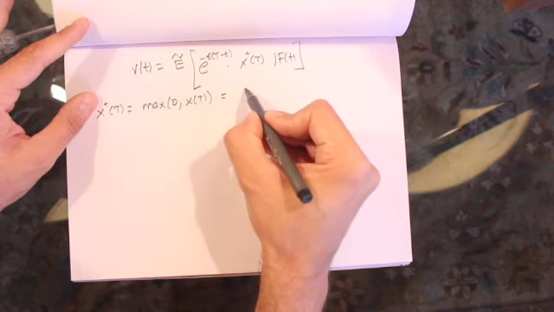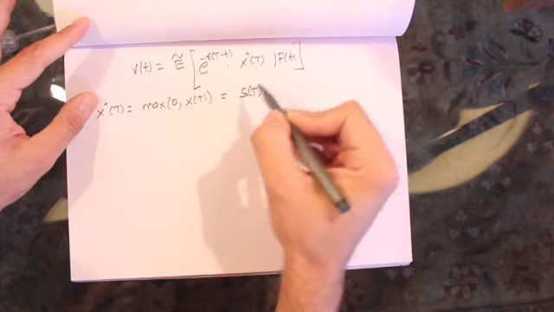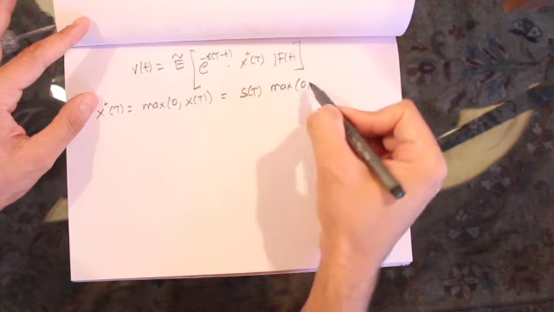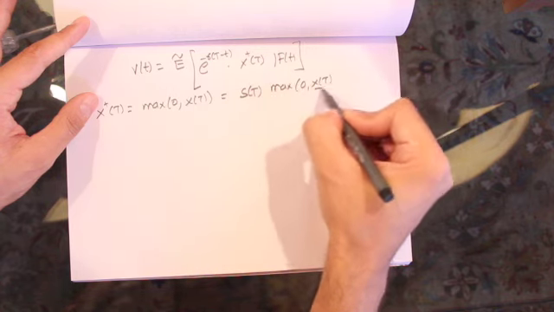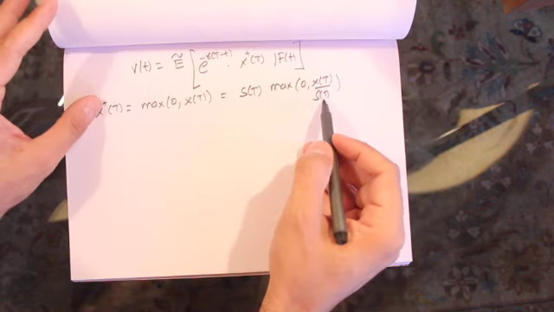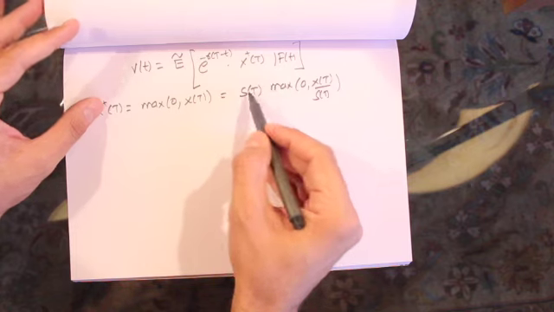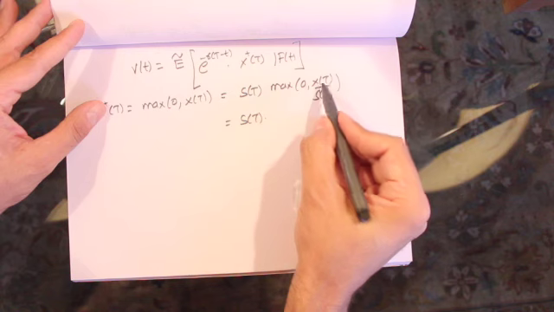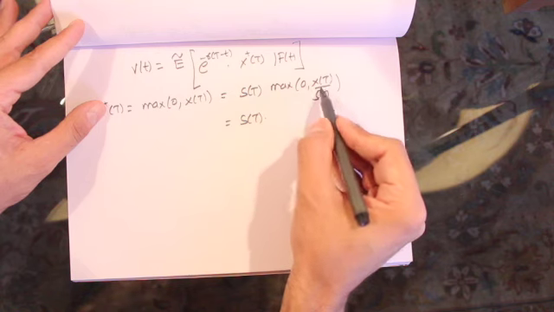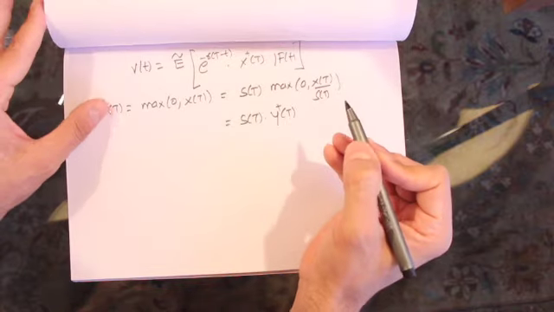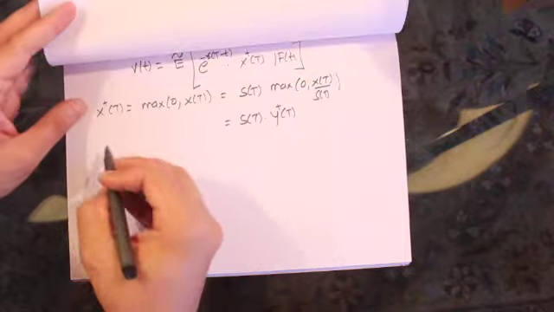And this can also be written by multiplying and dividing by s of T, so it becomes max of 0 and x of T by s of T, where s of capital T times y of capital T, so this becomes y plus of capital T. And we just saw that z of t is given by this formula.